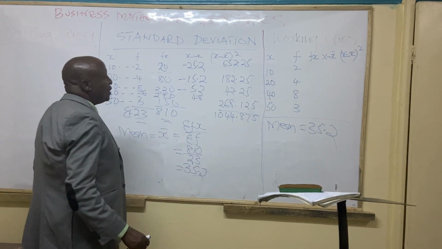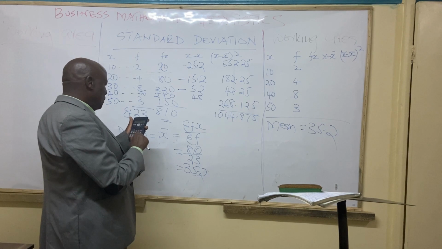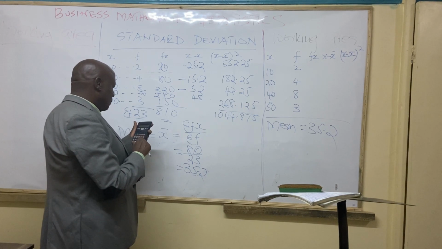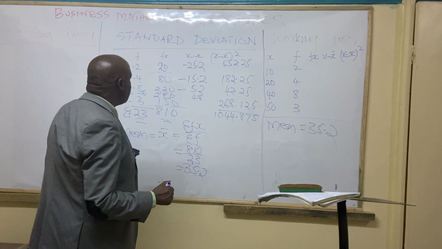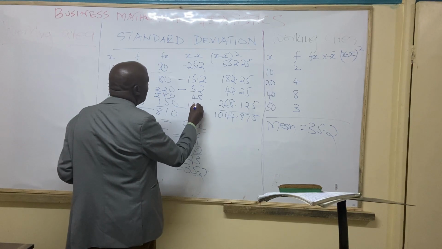And then 50 minus 35.2, it will be 14.8.